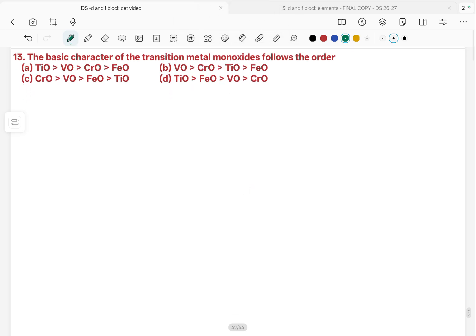Here the question is the basic character of the transition metal monoxides. The basic character can be understood by knowing the tendency of losing electrons.